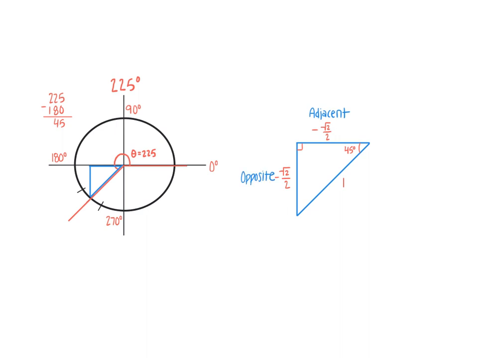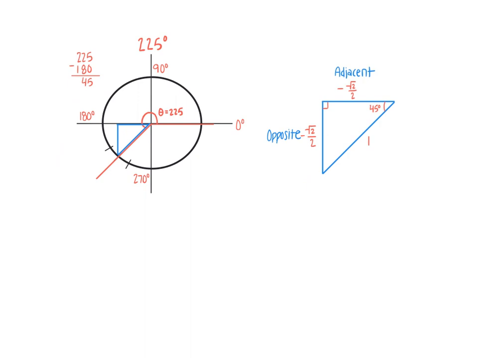Now that I have my special right triangle and I've labeled all of the sides based off of the angle of reference, and I know what all the side lengths are equal to, I can start setting up my 6 trig ratios. Remember, sine is always equal to opposite over hypotenuse.